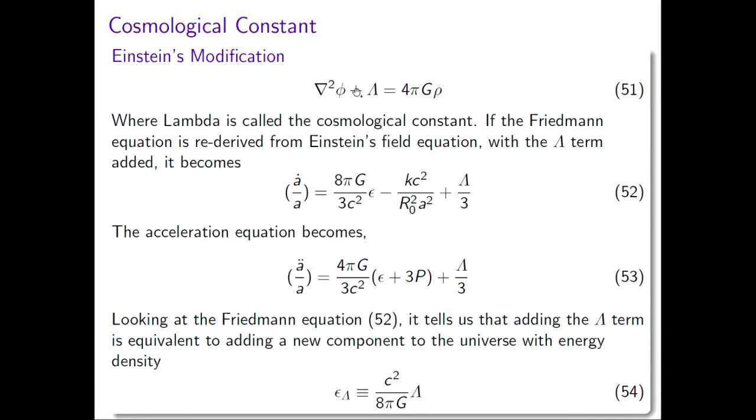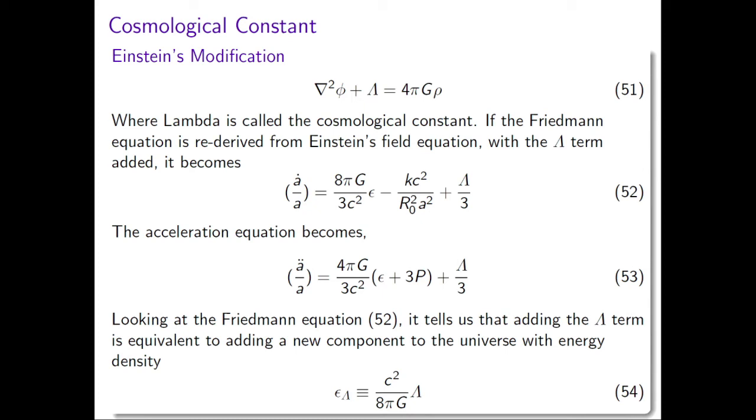So you have Laplace square phi plus the factor lambda, which is mostly to negate the possibility of the universe expanding or contracting, equal to 4 pi G times rho. Here the lambda was called the cosmological constant.